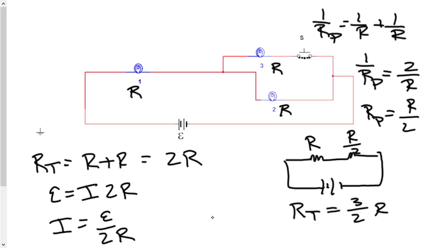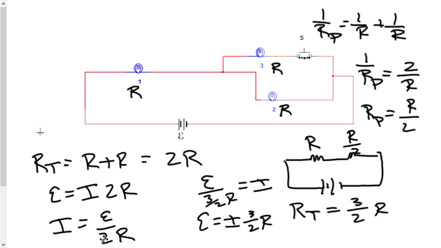Okay, so then I'm now going to have E equals I times 3/2 R. Okay, and then when I solve for I, I guess I'll write it right here, E divided by 3/2 R is equal to my current. And 3/2 R is smaller than 2R, so you know that the current's going to go up. Okay, so that's how you handle that circuit, and you hopefully will be able to answer all the rest of the questions from there, you know, looking at power and things like that.